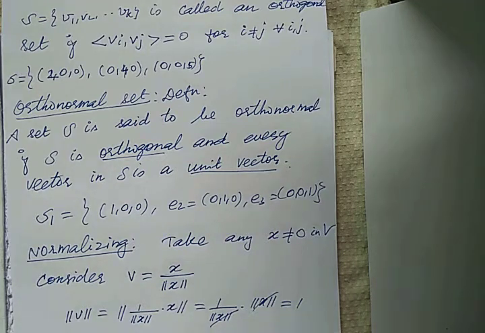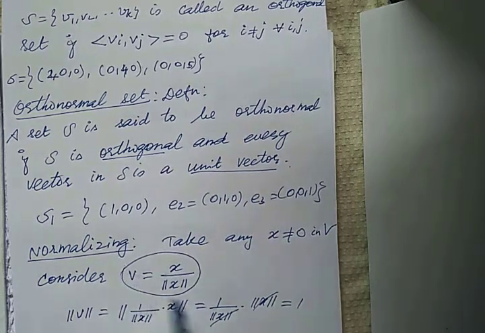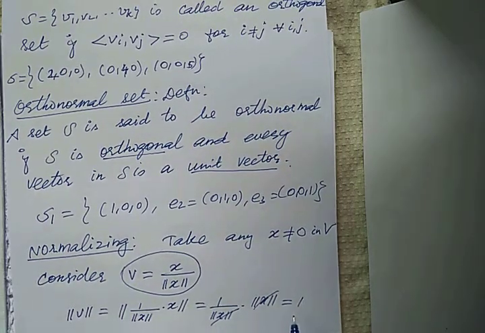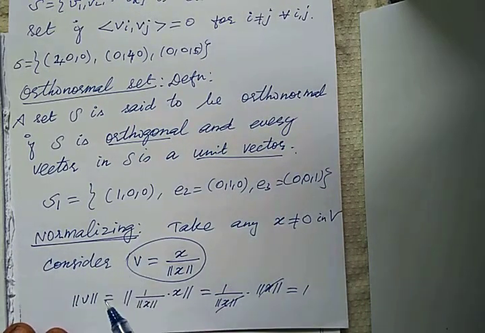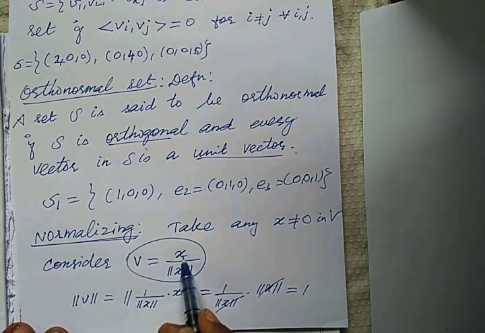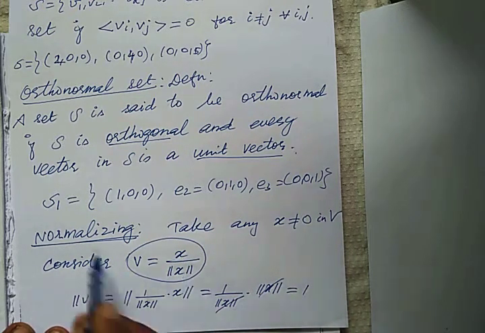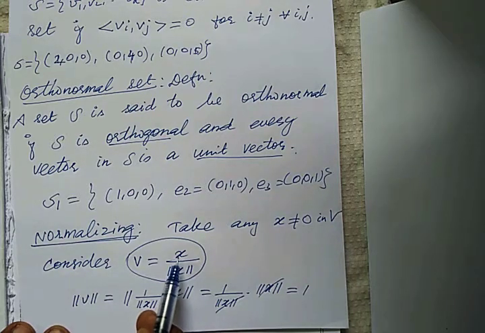So if you take any non-zero vector and divide it by its norm, we get a unit vector. This process is called normalizing. Dividing any non-zero vector by its norm is called normalizing.